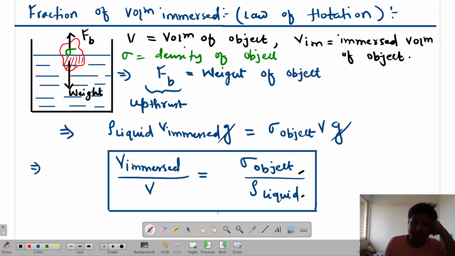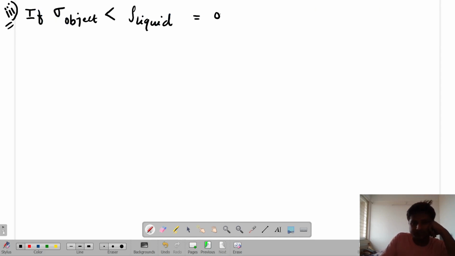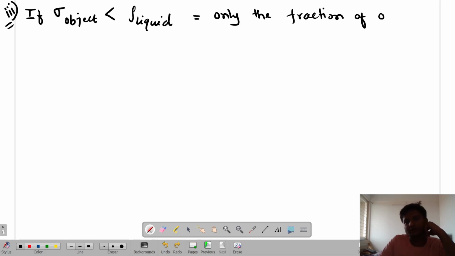Because this will be a fractional number, isn't it? Are you able to get me? So this means what? What happens? Only a fraction of the object is immersed in the liquid.